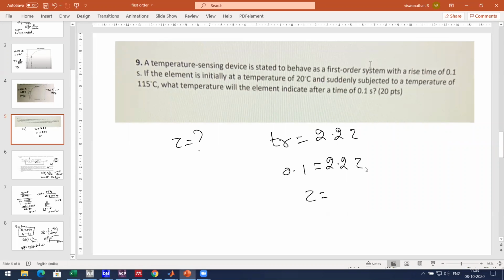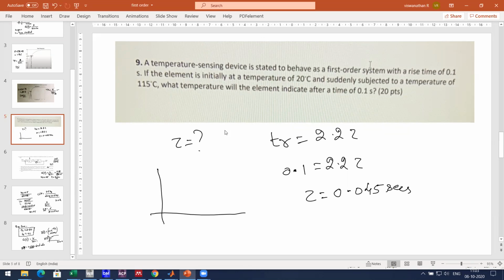So how much is this? 0.045, sir. Yes, sir, 0.045 seconds.